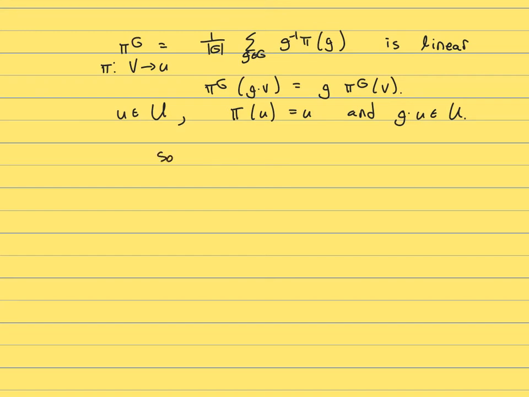So that means if I look at pi of g dot u, that's a subset of U. When I project, I still get a vector in U. When I multiply by g inverse, I still get a vector in U. If I sum over all elements in the group G, I'm summing a bunch of vectors in U. The result is in U. A linear combination of vectors in U is in U. And so I get that this is an element in U.